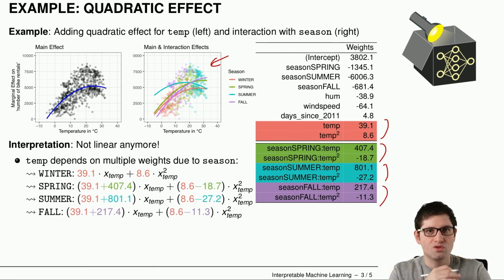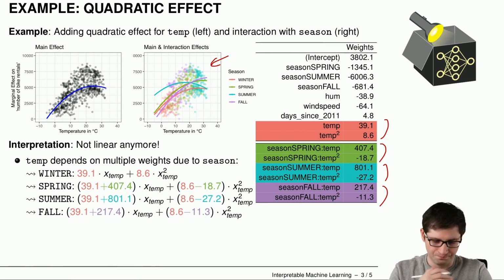And this nicely shows that the more interactions and quadratic effects we include, the more complex the interpretation becomes, because we not only have to look at one single coefficient, but need to look at multiple coefficients and sum them up and combine them, which usually makes interpretation a bit more complicated.